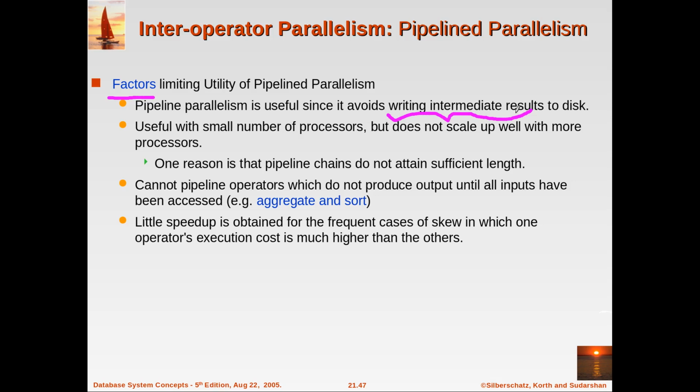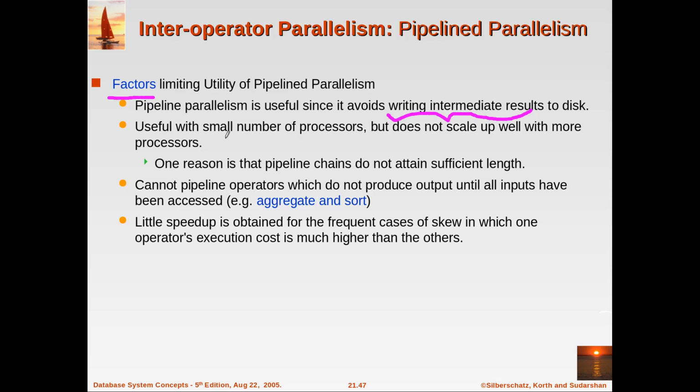Directly the results will be joined with the second relation that is present in the second processor. So we don't need to write the results every time we get intermediate results. Results are directly passed to the next processor for the join.